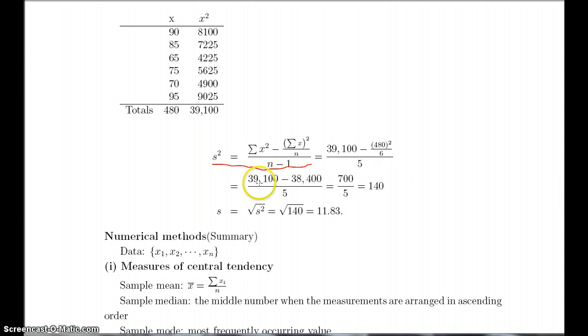The first one is 39,100 minus 38,400. That's this squared over 6. The difference is 700, which is what we had before. Then I divide by 5 and get 140, and the standard deviation is 11.83. You should be able to do your analysis either way.